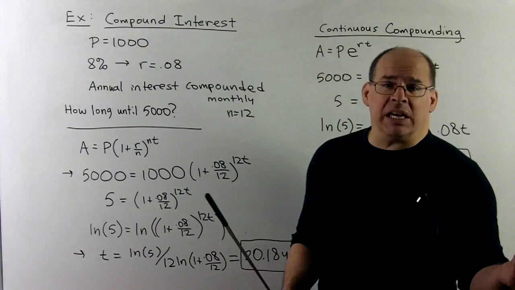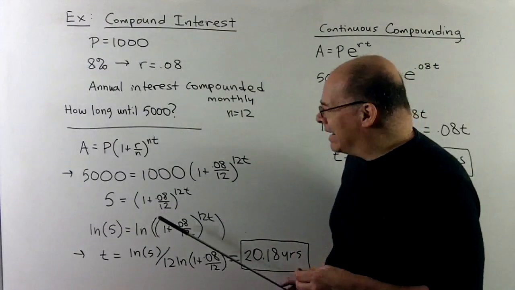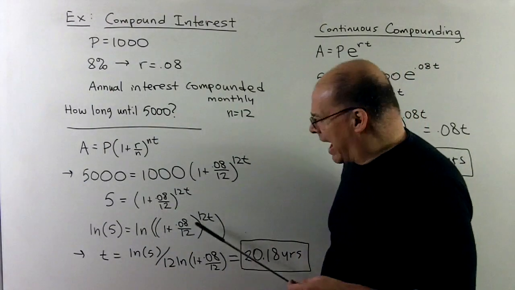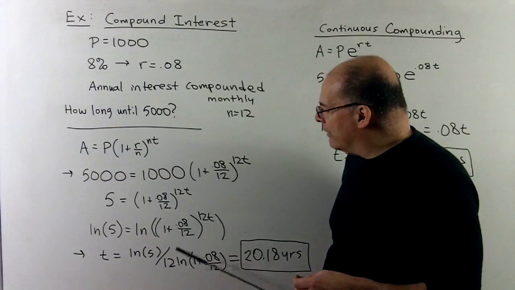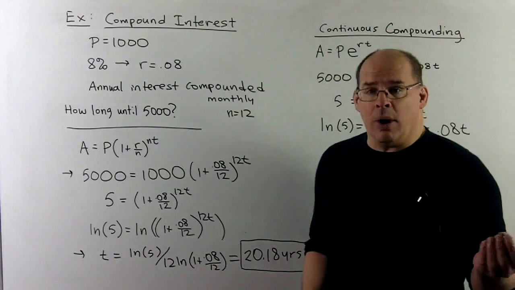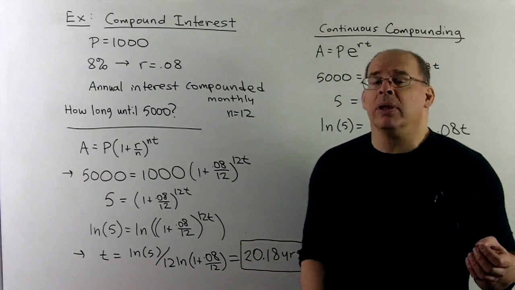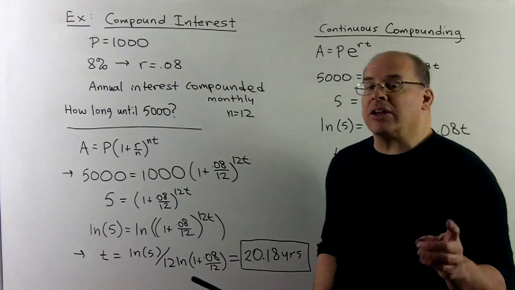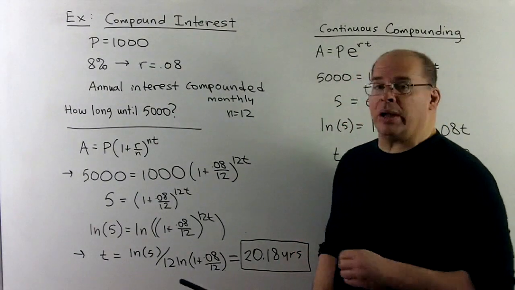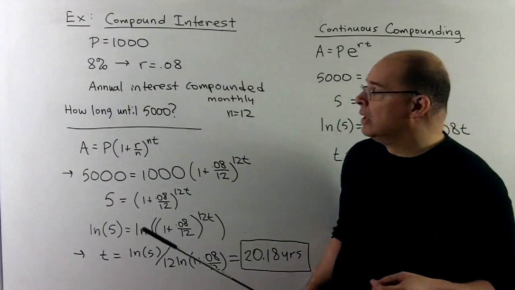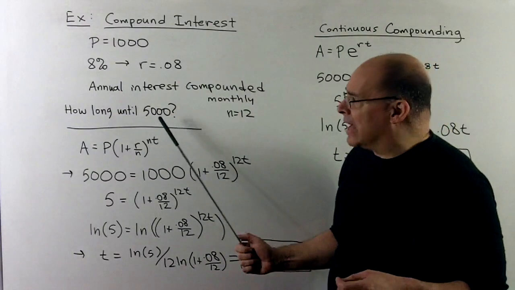I could solve for t by dividing by 12 and by natural log of the interest factor. So t is going to be equal to natural log of 5 over 12 times natural log of (1 plus 0.08 over 12). Be careful putting that in the calculator, and then what's going to come out for our time period is 20.18 years. So 20 years to get to $5,000.